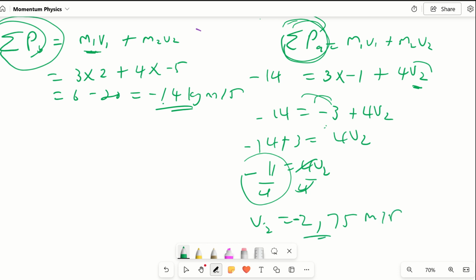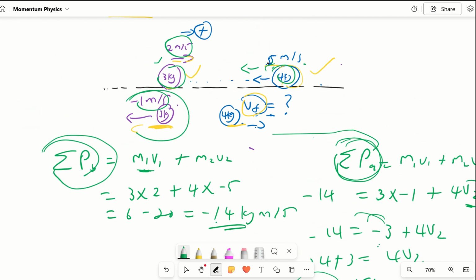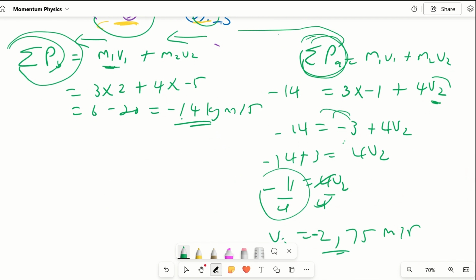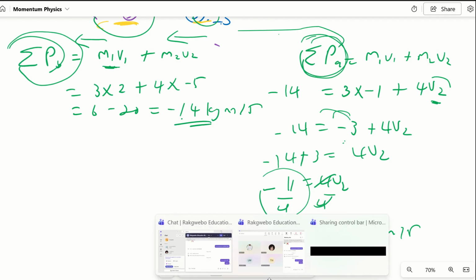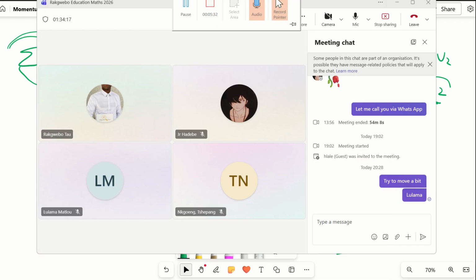So what can you say? You can say that after the collision, this small one moved in this direction and the big one as well moved in that direction. Why? Because of the sign. Delicious, right? It's more delicious than your favorite meal. Yeah? Or not? Or partially delicious? Or not really there?